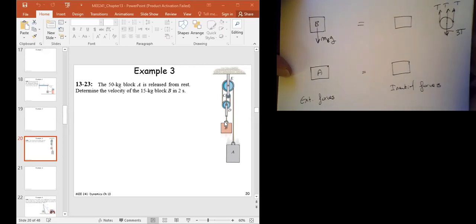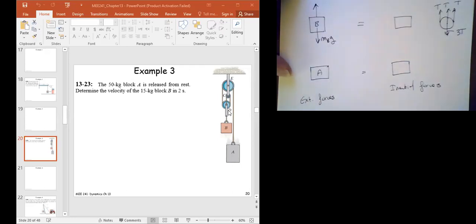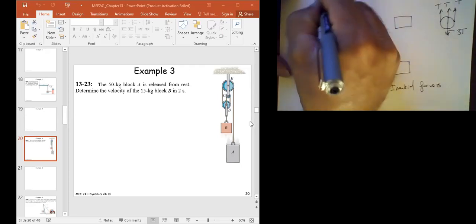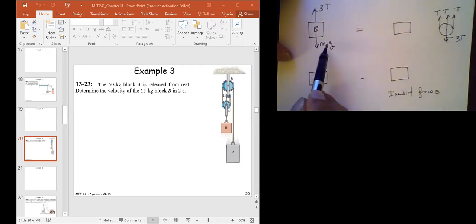You all agree? So what is the tension pulling on this block? This rope here is not part of the actual rope, it's separate. If I make a cut on this pulley, then this one is 3T. You all agree? Yes. Okay, so I have 3T here, and then I have MBG.